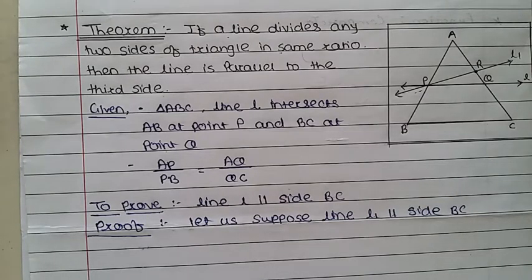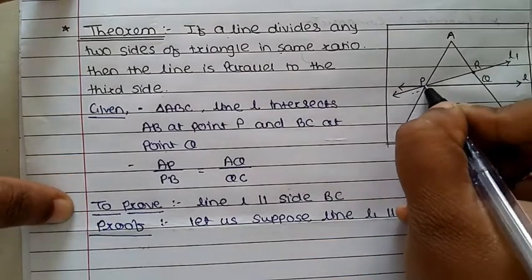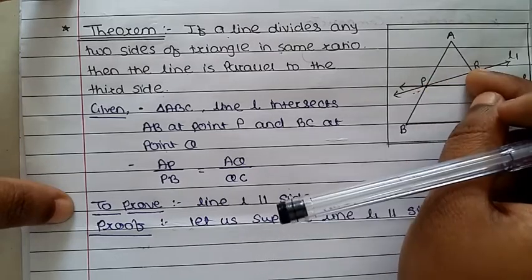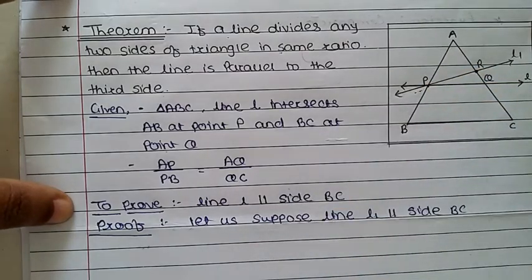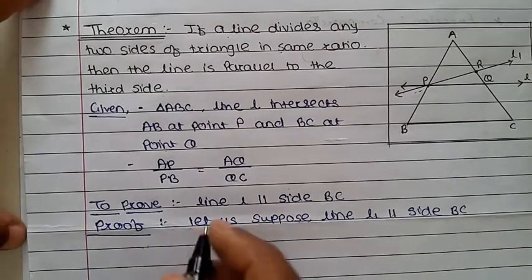If a line parallel to a side of a triangle intersects the remaining sides in two distinct points, that means this line intersects two different sides of the triangle, then the line divides the sides in the same proportion. Then how to write this?